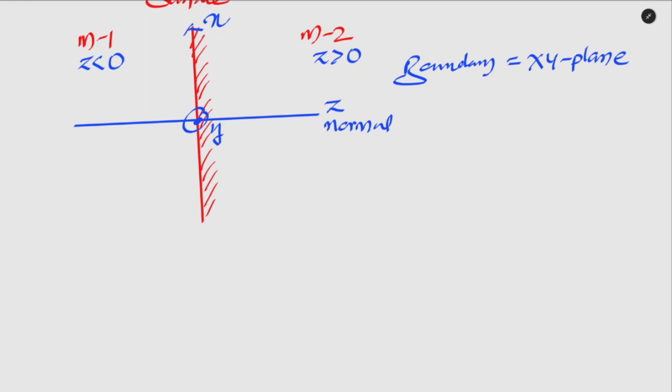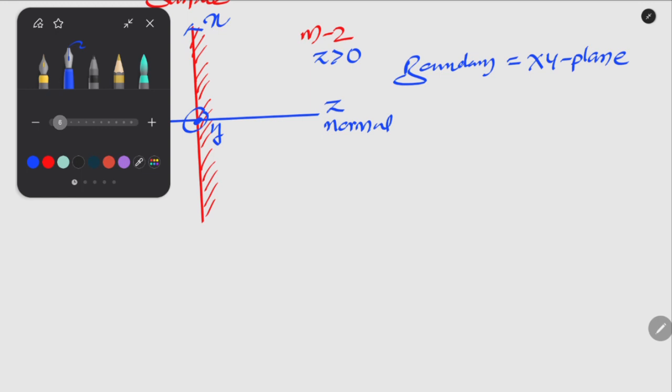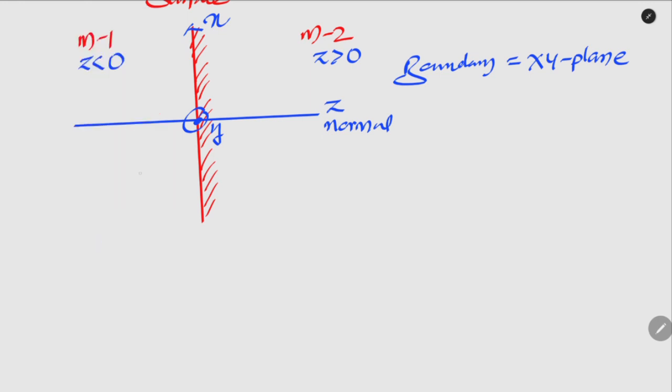Okay, now I am taking one incident electromagnetic wave, the electromagnetic wave which is incident like this. This is an incident electromagnetic wave, that you have to understand.